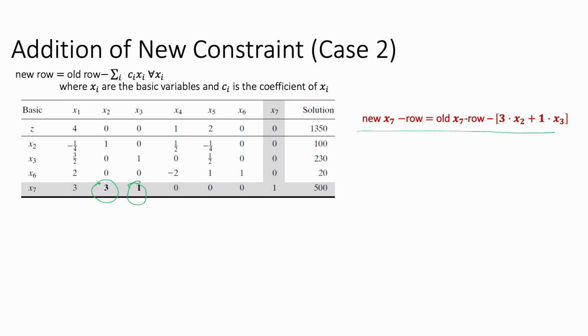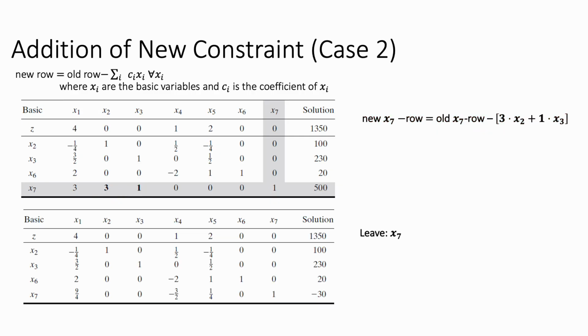So it's just Gaussian or Gauss-Jordan. Okay, so what happens now is we have this new row for x₇, and if you notice, it is negative 30. So meaning we have to let x₇ leave the basis. So this x₇ will be the leaving variable.